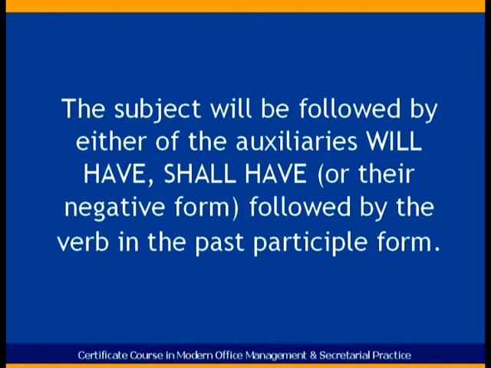The subject will be followed by either of the auxiliaries will have, shall have, or their negative form, followed by the verb in the past participle form. Usually, the condition of time is also indicated when we formulate sentences that are in the future perfect tense.